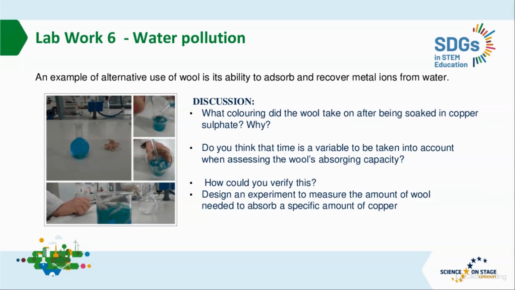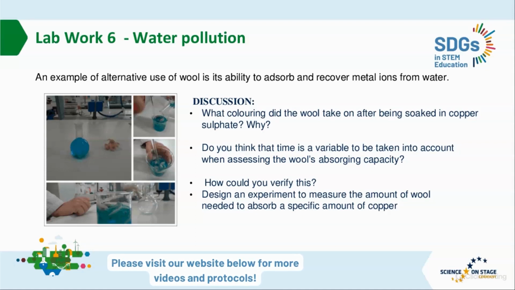For example, here you can see a copper sulfate solution, and the wool will be soaked in the solution. Then, using a colorimeter or a spectrophotometer to compare the color with the solution, you can see the ability of the wool to recover the metals.